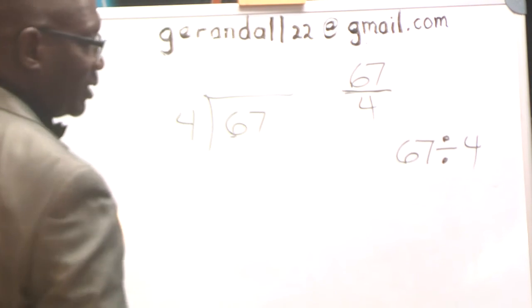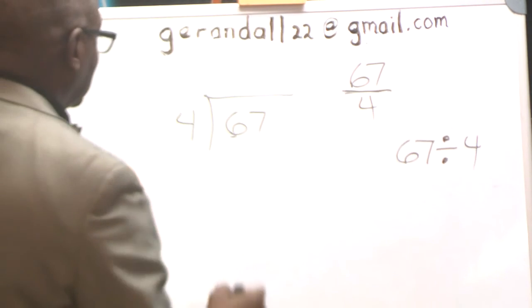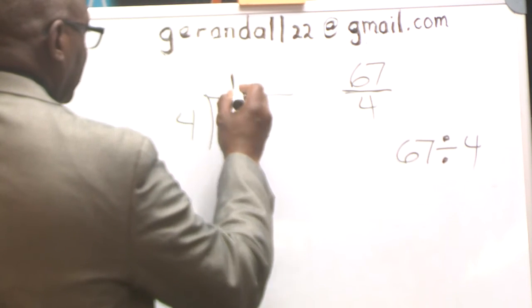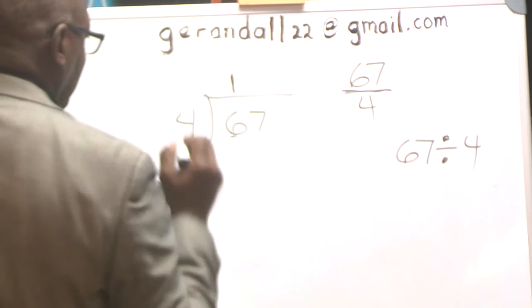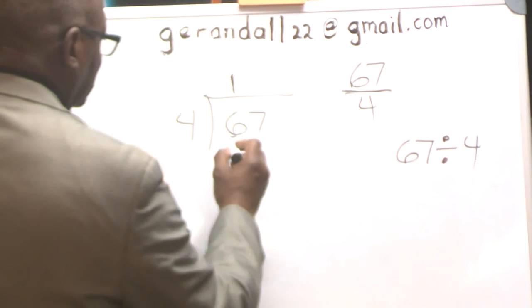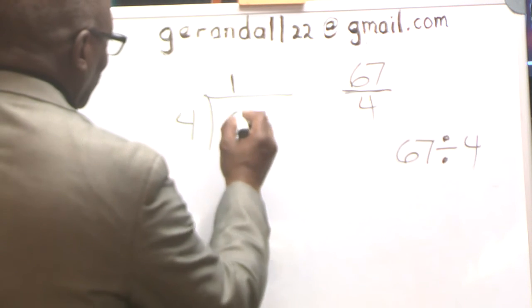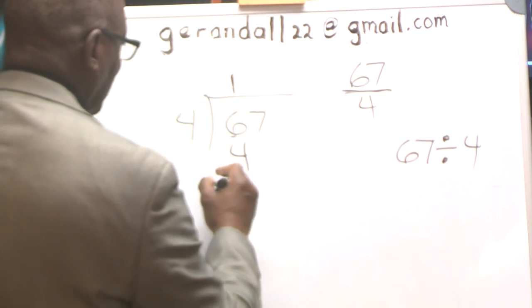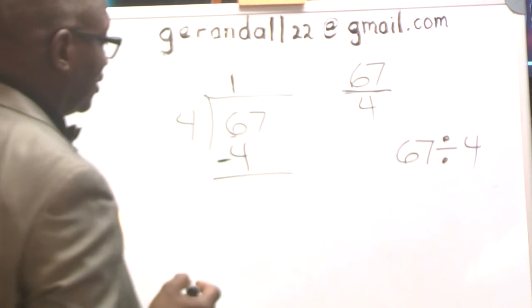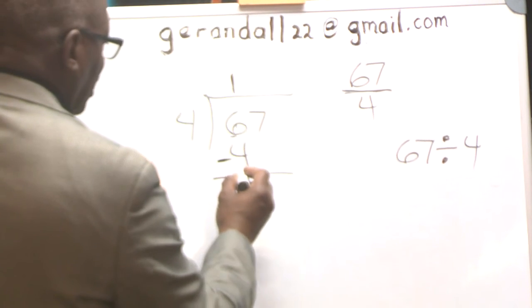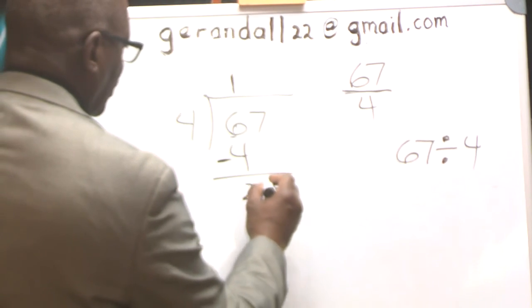How many 4s can you get out of 6? 1. Put that right above the 6. Multiply it by. Remember, I'm talking about those relatives. 1 times 4 is 4. Now we got a subtraction involved. 6 minus 4, 2.